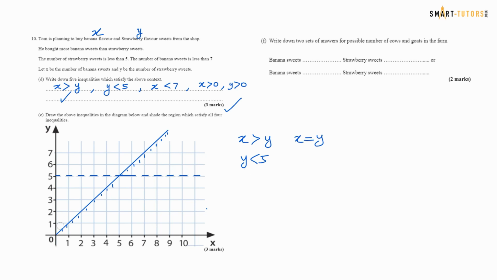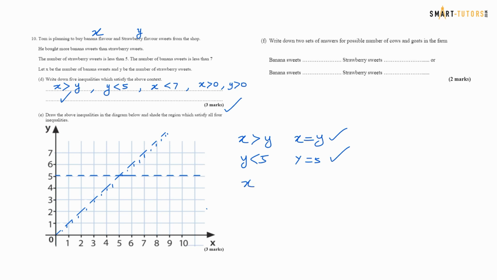The dark line cannot be possible here. It's a no equal sign, and you need to draw the line with dotted lines. So now we have pretty much done the two inequalities.